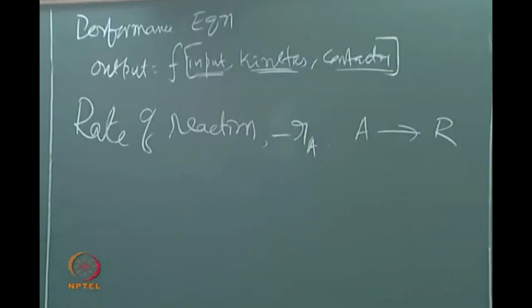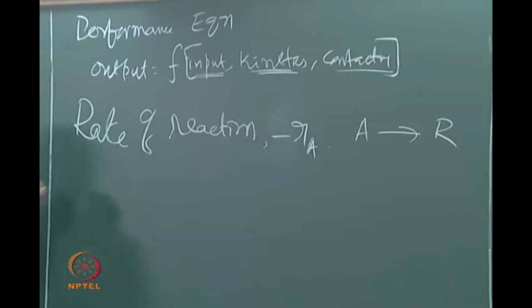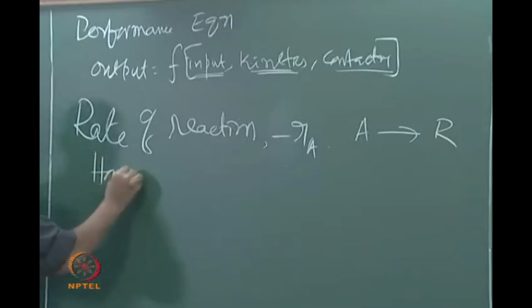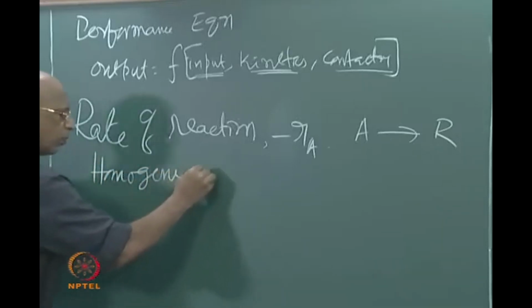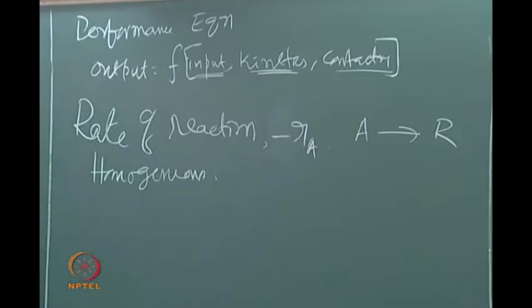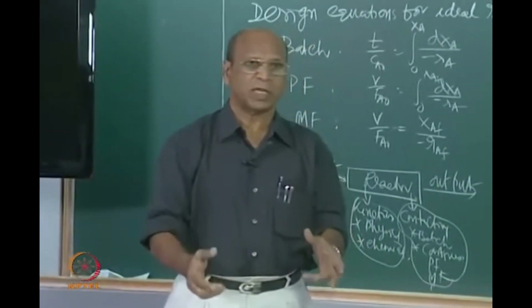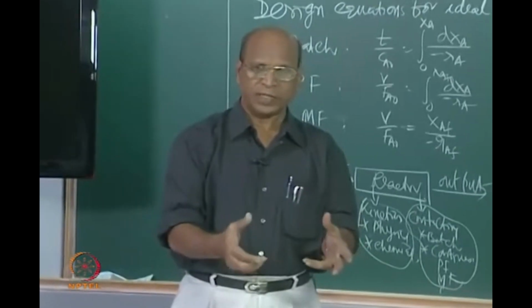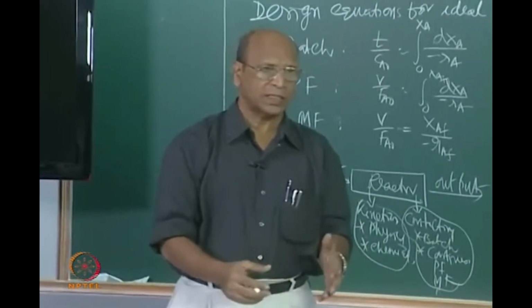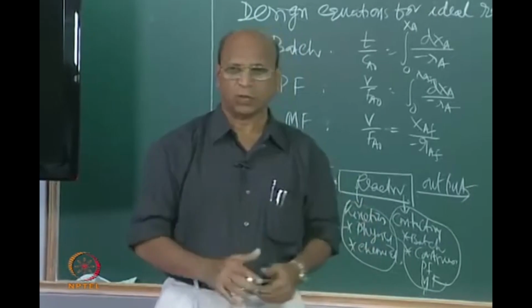How do I determine my rate? We are talking first about homogeneous systems, and then we can talk about heterogeneous. Homogeneous means either a gas phase reaction or a liquid phase reaction, with everything available in that phase. If there are two liquids or two gases, you do not have to do anything, they will thoroughly mix.